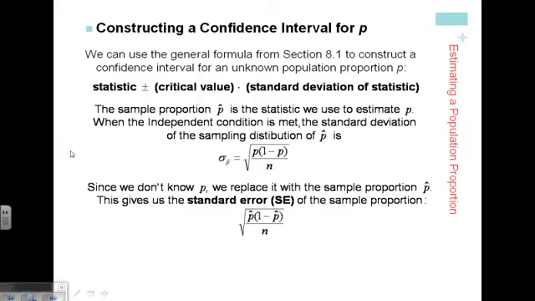To acknowledge that we are not using exactly the right formula, the square root of p-hat times 1 minus p-hat over n, we're going to give it a different name. We're going to call it the standard error. A slightly different name for a slightly different formula.